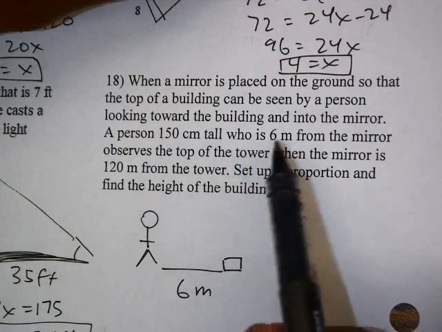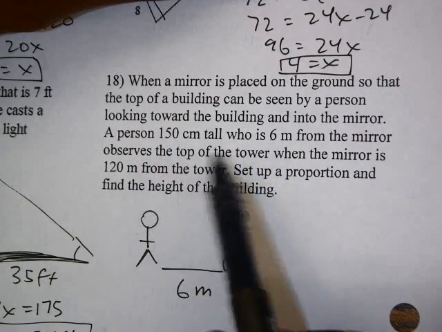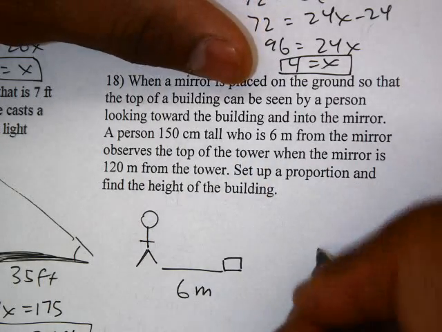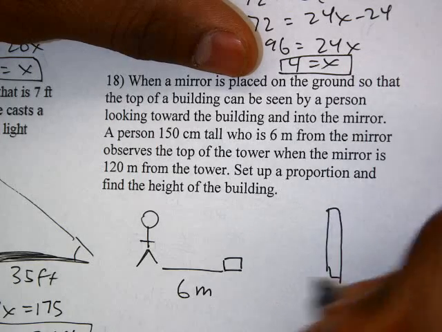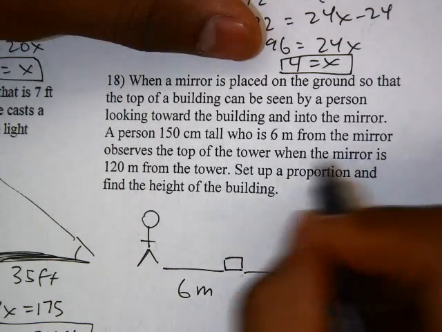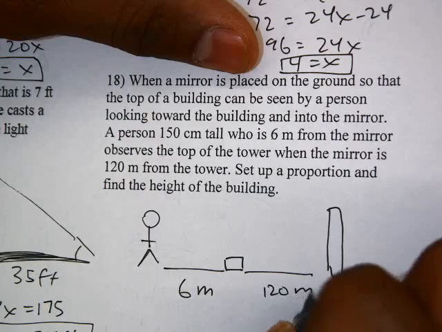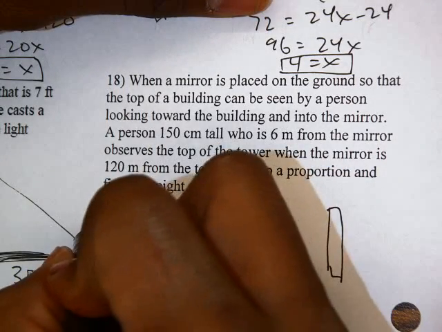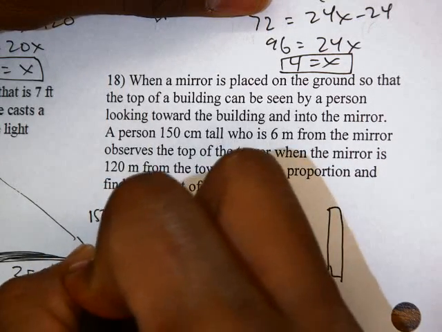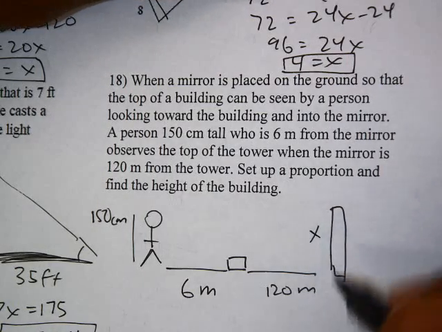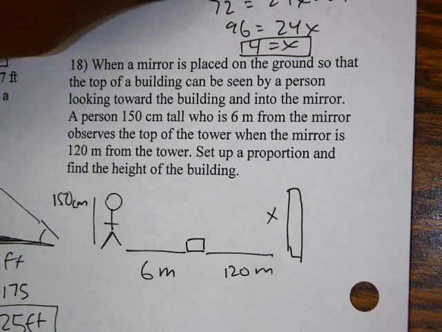And there's a tower here, and the mirror is 120 meters away from the tower. This person is 150 centimeters. So when we solve for x, we're going to get our answer in centimeters.